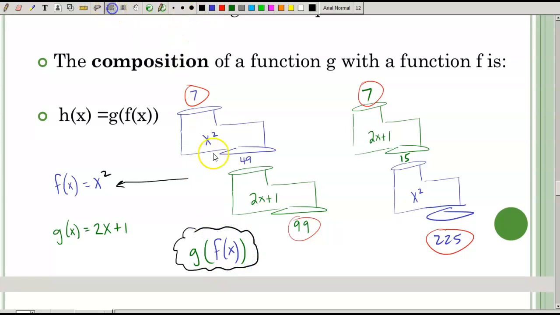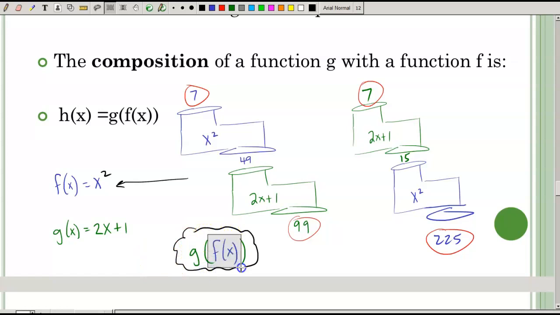So again, whatever f of x is, I plug in some value there. For this example, it was 7. I plugged in 7, I got 49, and then this blue part now becomes 49 right here. Now this is the input that I'm plugging into g.